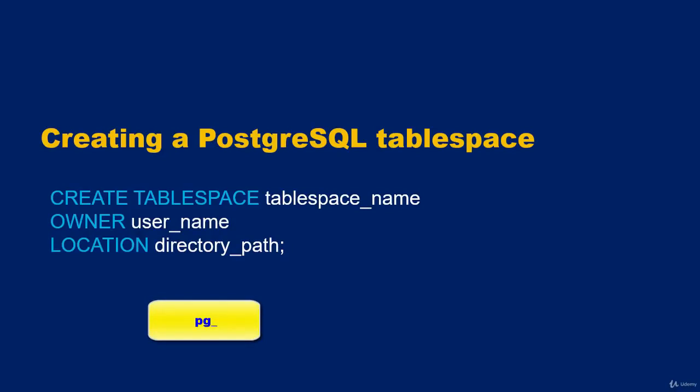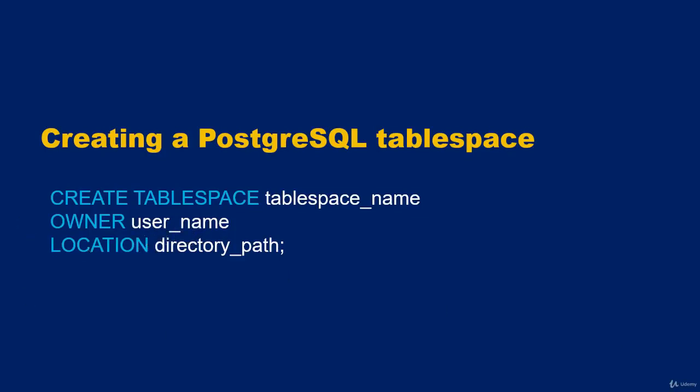When you are creating a new tablespace, the name of the tablespace should not begin with pg_ because these names are reserved for the system tablespaces. By default, the user who executed the create tablespace is the owner of the tablespace.